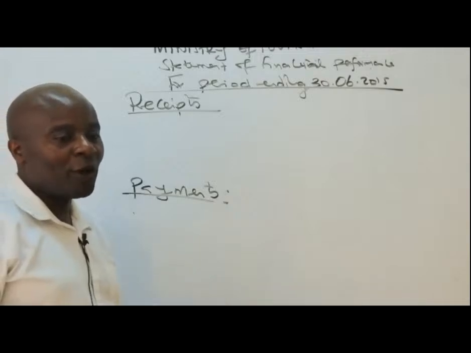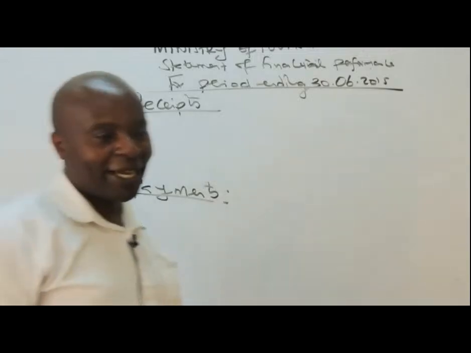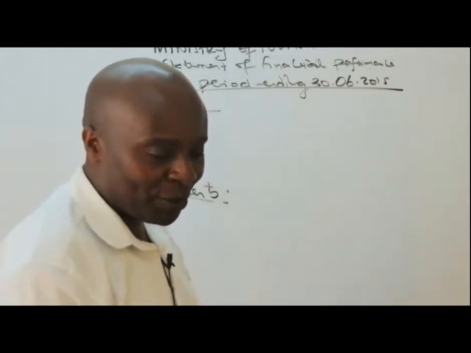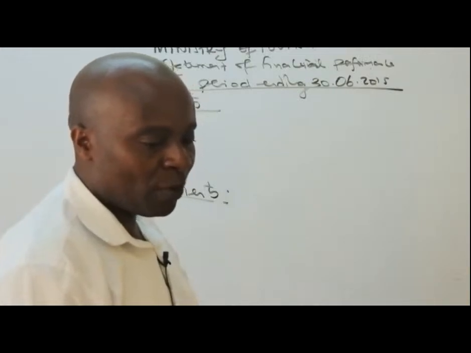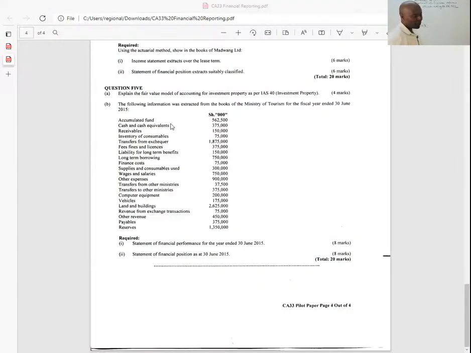And then now you go to your map. I hope you remember your map. So you look for the items of statement of financial performance. The first one, of course, is position, is not performance. Even the second one is position. Even the third one is position. Inventory, this position.